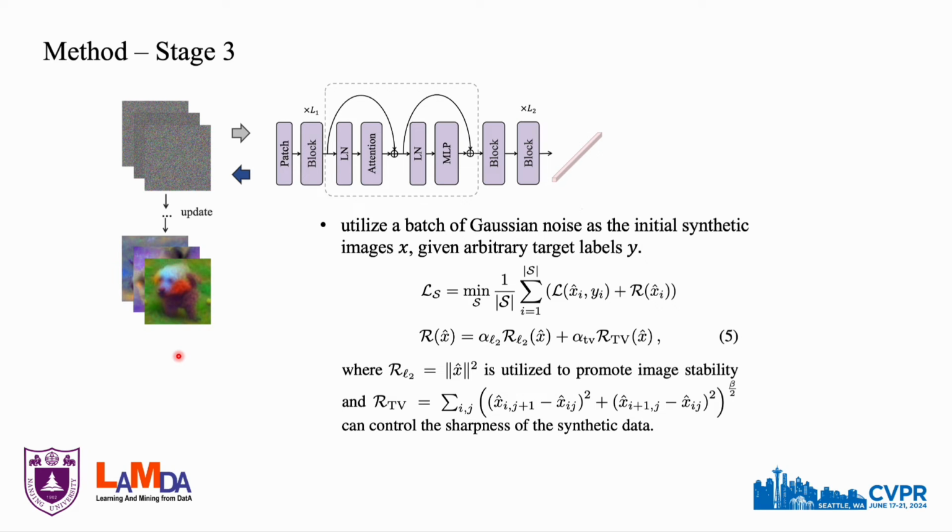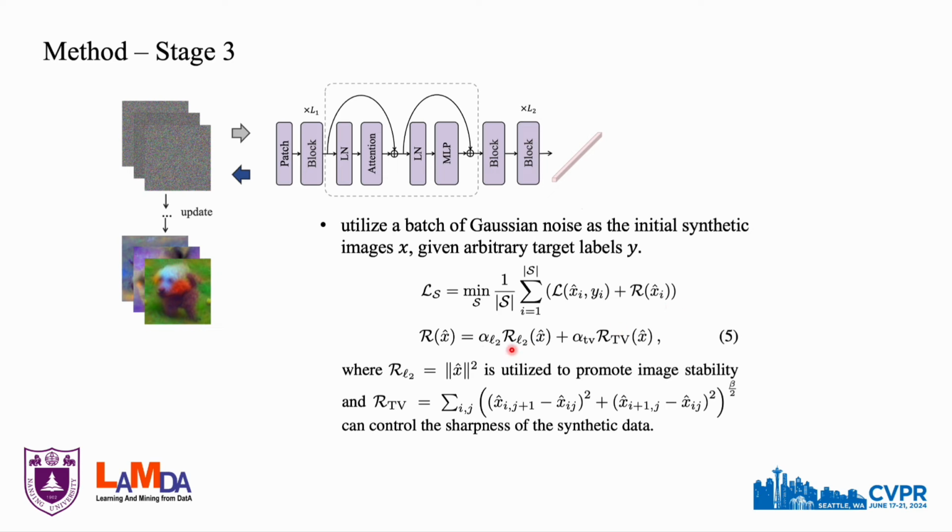Following Deep Dream, we utilized a batch of Gaussian noise as the initial synthetic images X, giving arbitrary target labels Y. The synthetic images are updated by minimizing the following loss function composed of the cross entropy between the predicted probability and the target label, and the regularization term.